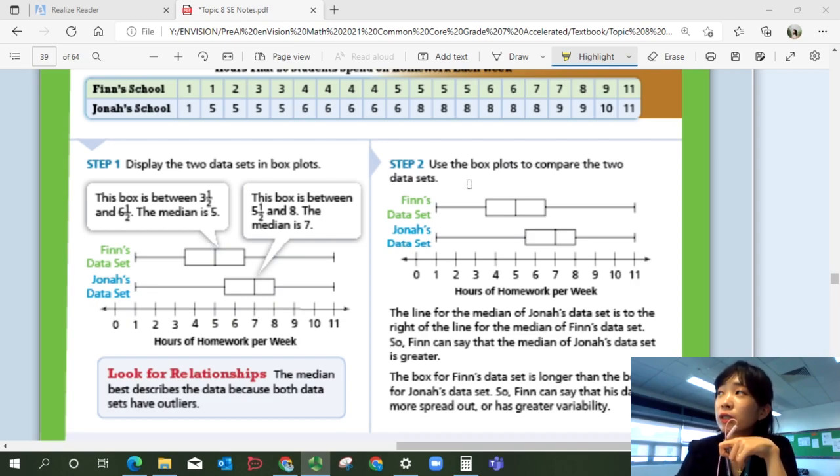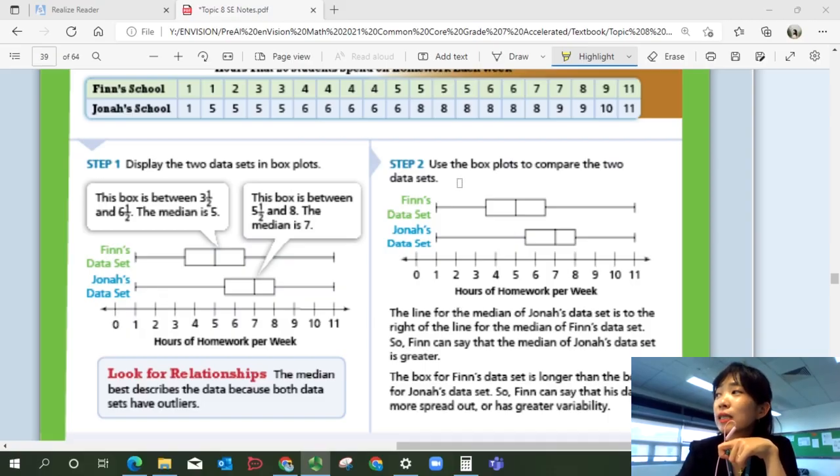Step 2, you're going to use the box plots to compare the 2 data sets. What can you say? The line for the median of Jonah's data set is to the right of the line for the median of Finn's data set, which basically means the median for Jonah's data set is higher than Finn's. So Finn can say that the median of Jonah's data set is greater.